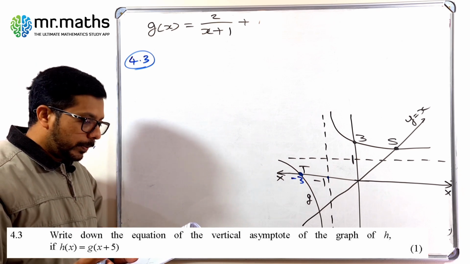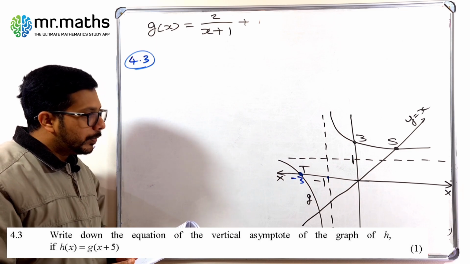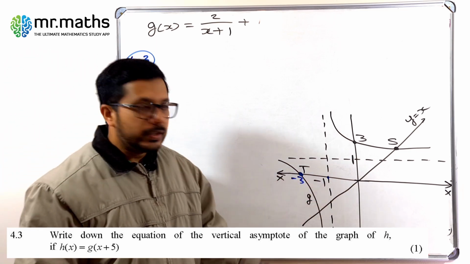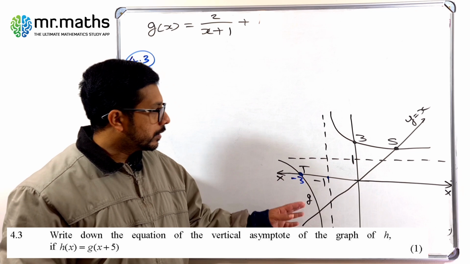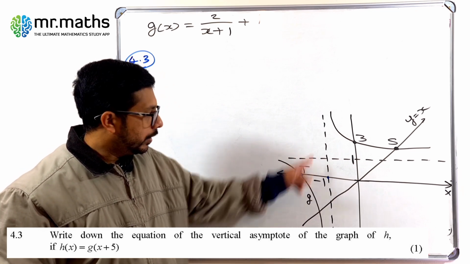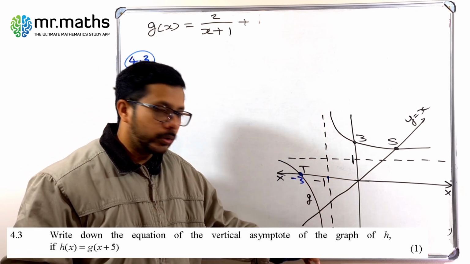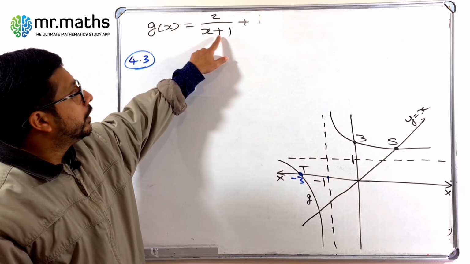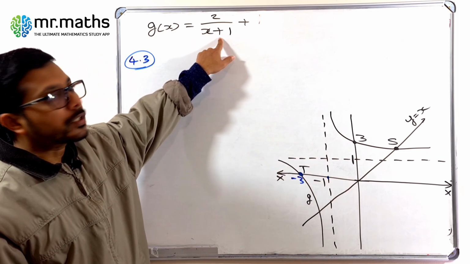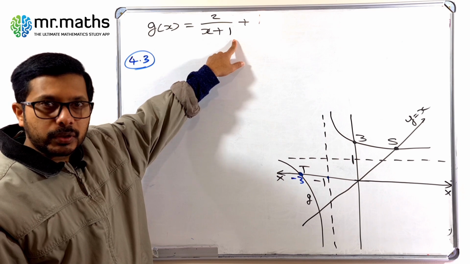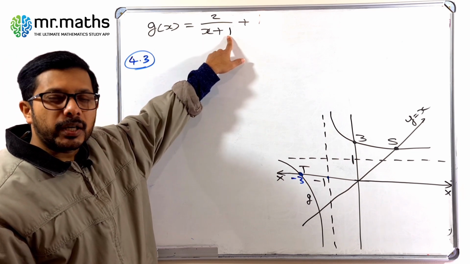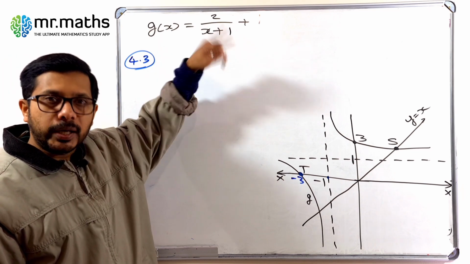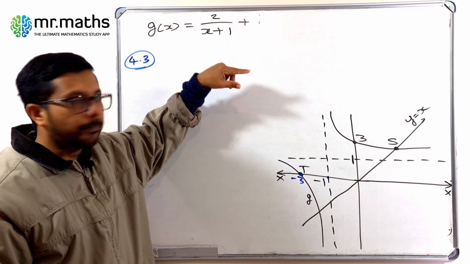Now vertical asymptote means, which one is the vertical asymptote in this g of x graph? This one is the vertical asymptote, am I right? So in g of x graph, this x plus 1, that means x is equal to minus 1 is the asymptote.